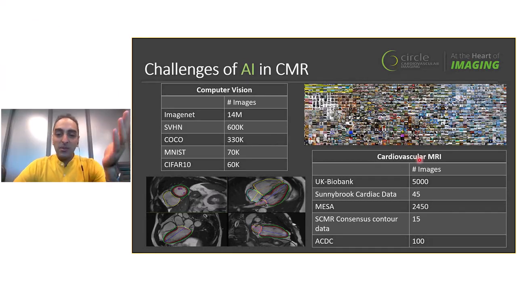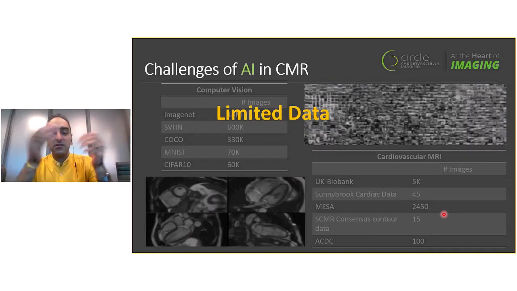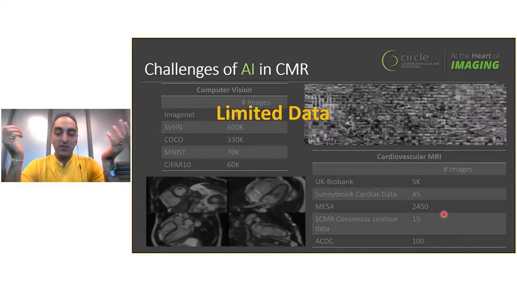In contrast, publicly available MRI data sets have at best thousands of cases. And at worst, like tens, or just a handful, right? And the main reason for this limitation in data is purely because medical images are expensive to acquire, right? And there are always ethical concerns that need to be taken into account when it comes to sharing these data.